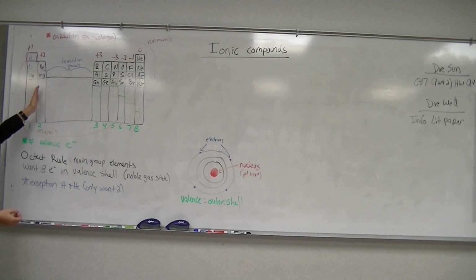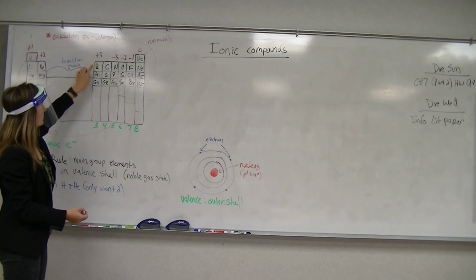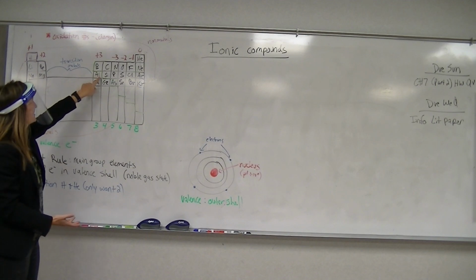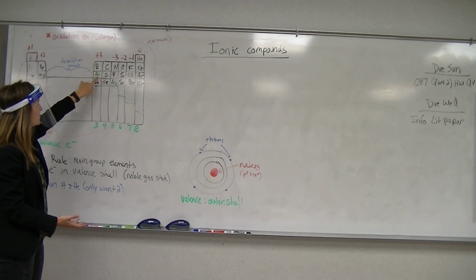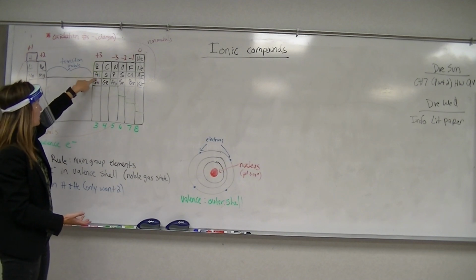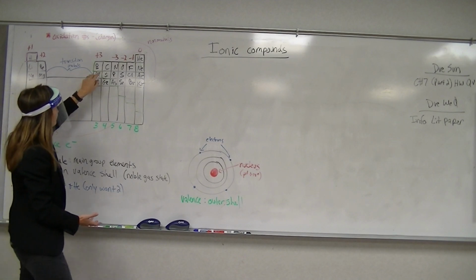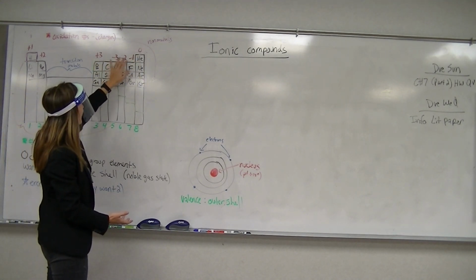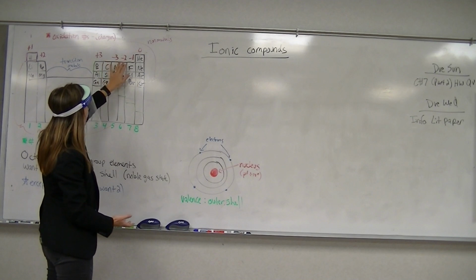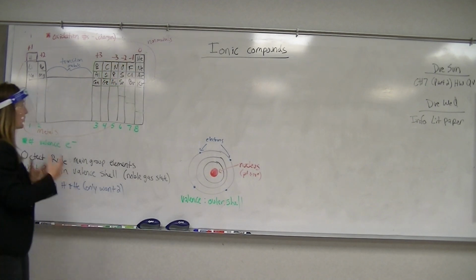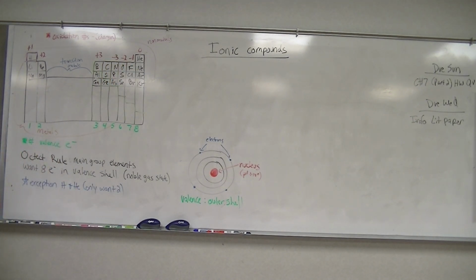Alkaline earth, always a +2. This +3 is referring to aluminum because that's the only metal. And remember, metals form cations, they form positive charges. And then when we get to the nonmetals, we see negative charges. -3, -2, -1. But why do we get these charges? Why are they +1, +2, etc.?